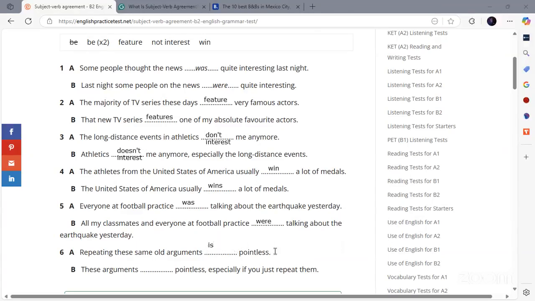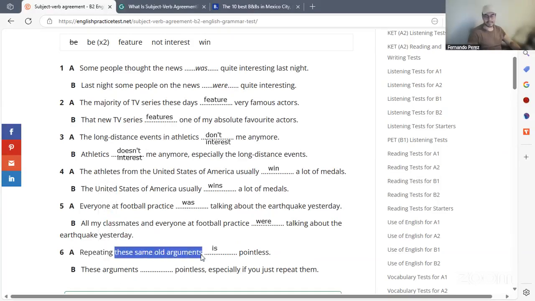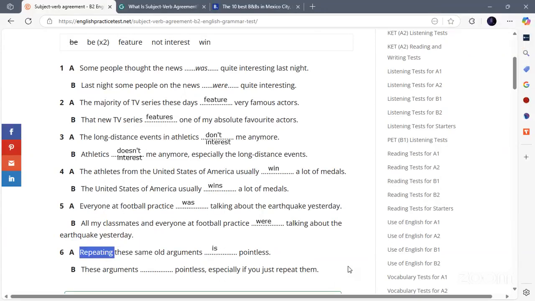Because we use a gerund at the beginning, and also because it says these same old arguments. Totally. All this information is only complementary. The subject is repeating. The last one: These arguments are pointless, especially if you just repeat them. Ta-da.